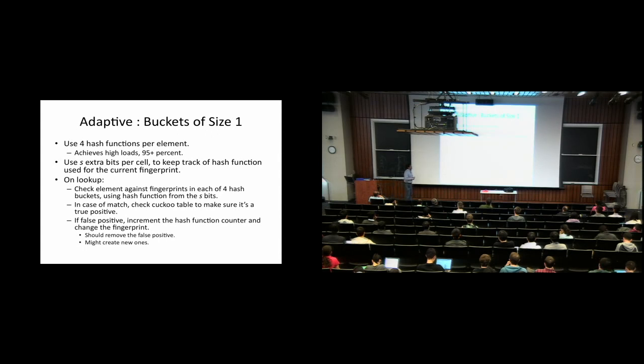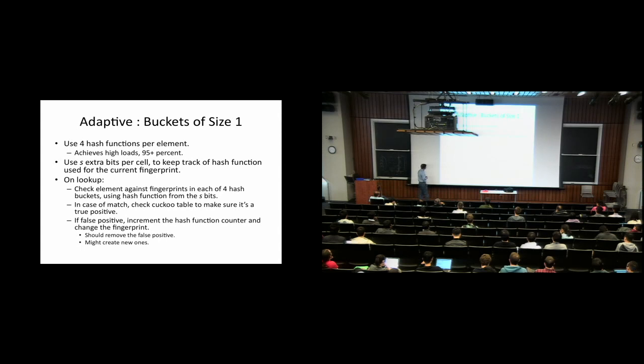In the case where we have buckets of size 1, one thing we can do is keep some number of extra bits per cell to keep track of which hash function we're using for the fingerprint. So we could keep 2 bits in a cell, and that would tell us you're using hash function 0, 1, 2, or 3. And if we ever see a false positive match, we say, okay, let's go ahead and change the fingerprint for the key that's held here.